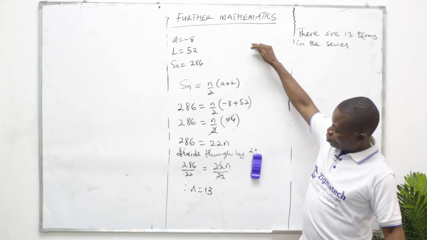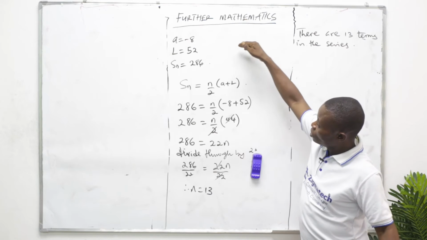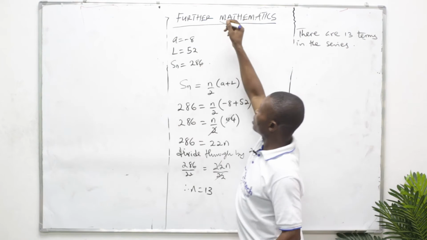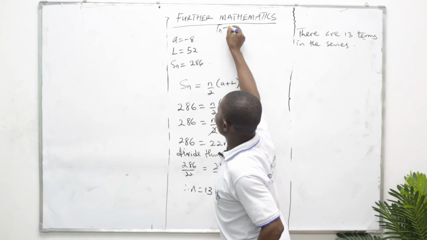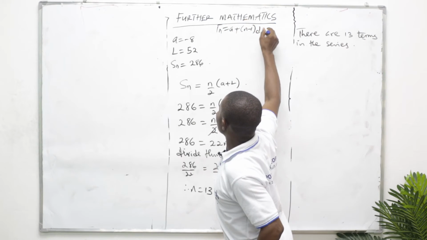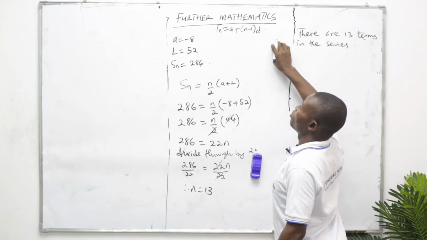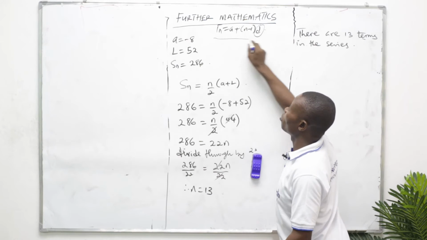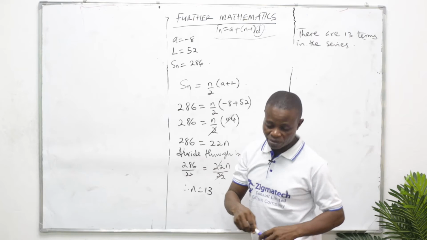I think the speed is not too much. I'm still going back. I know some of you may be thinking about this formula Tn. What about Tn equals this into this minus this into this? Good. But if you watch very well, nothing concerns common difference, meaning going back to this formula will be a waste of time.